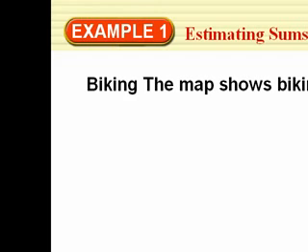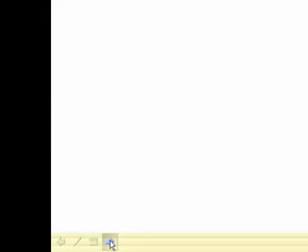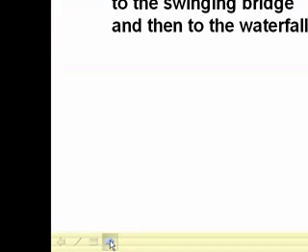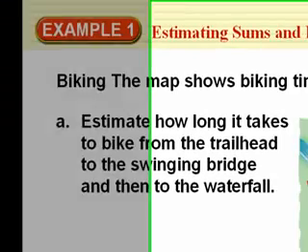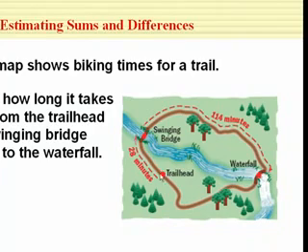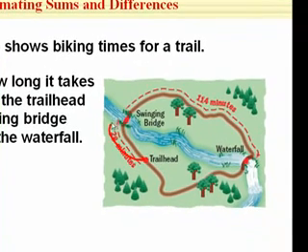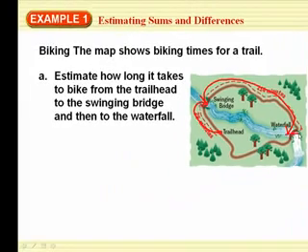This is biking. The map shows a biking trail. Biking times for the trail. So you can see the trail right there. So let's see what the next one. Estimate how long it takes to bike from trailhead to the swinging bridge and then to the waterfall. So you're here at the trailhead, which is right over here, and you're going to go up through here to this swinging bridge, and then you're going to go on over here to the waterfall.